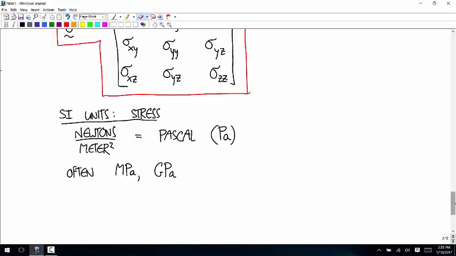The diagonal elements of the stress tensor are called the normal stresses.